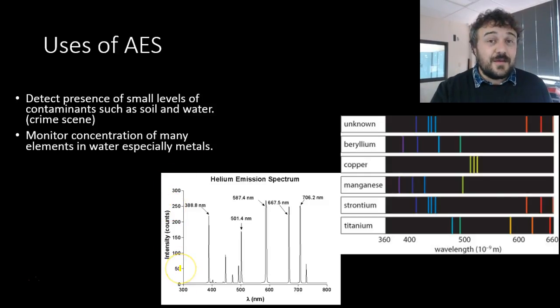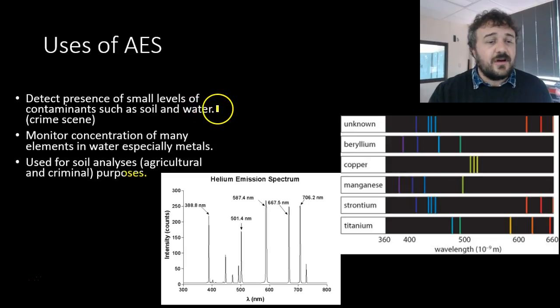And that means that's how much of it there is. And you compare it against standards and it will give you certain concentrations in parts per million. It will not give you a direct amount, it will give you concentrations. So we can monitor the concentration of many elements in water, and we can also use it at a crime scene, and we can use it for soil analysis, both agricultural and criminal.